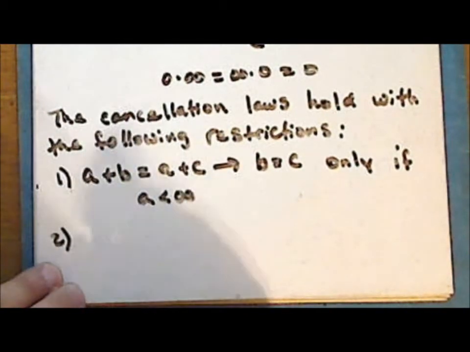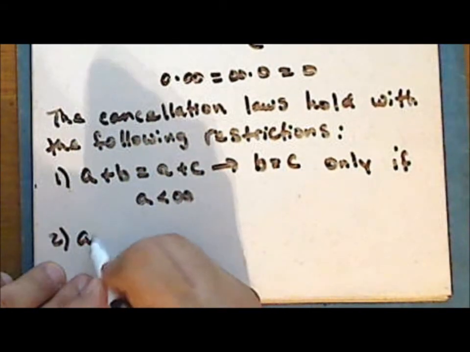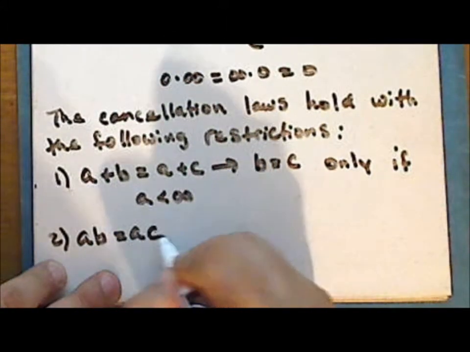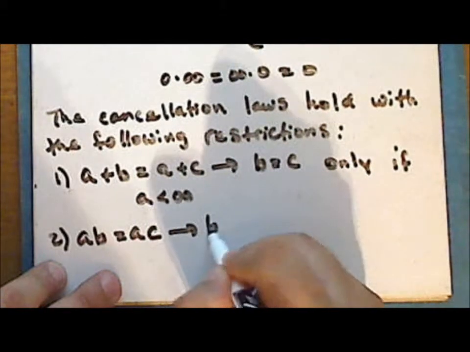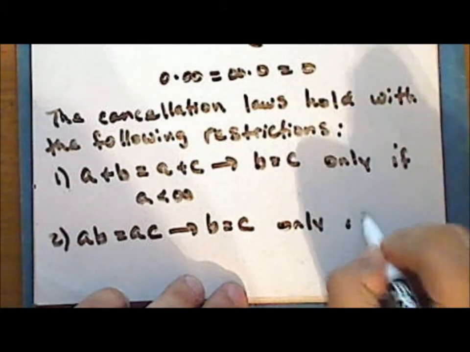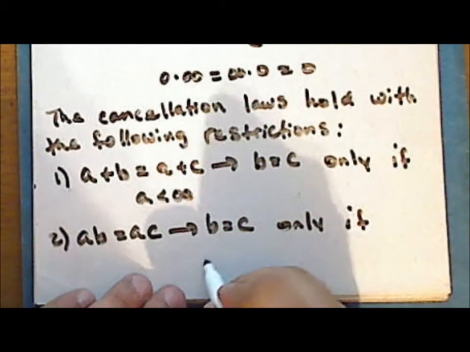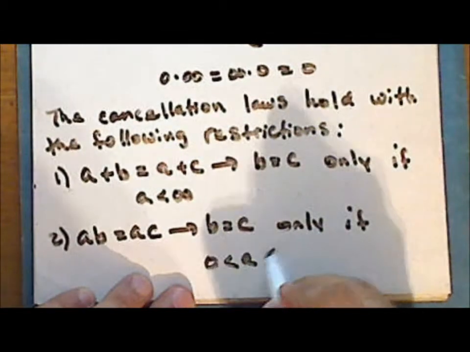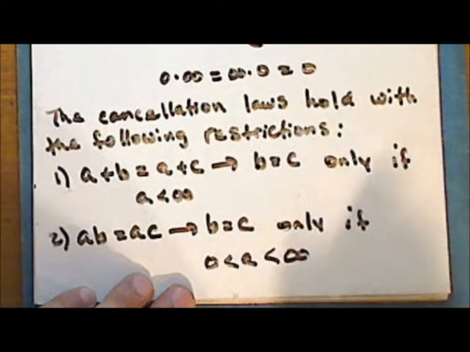And for the product, if a times b is equal to a times c, then this implies that b is equal to c only if a is strictly greater than 0 and strictly less than positive infinity. All right?